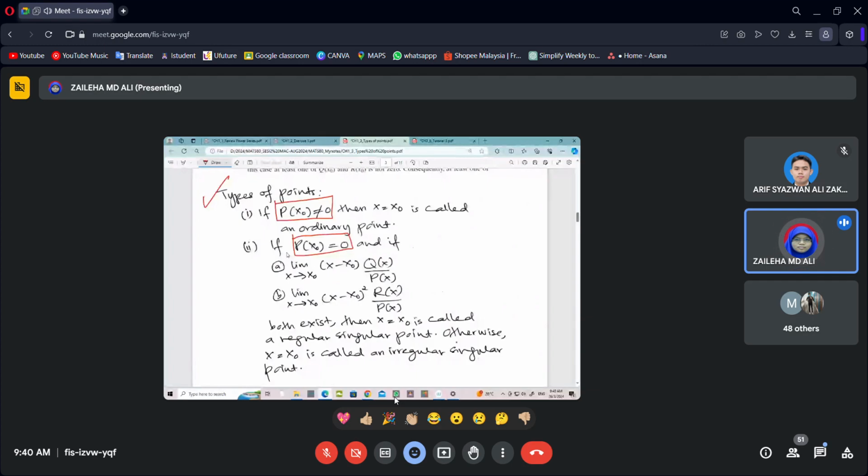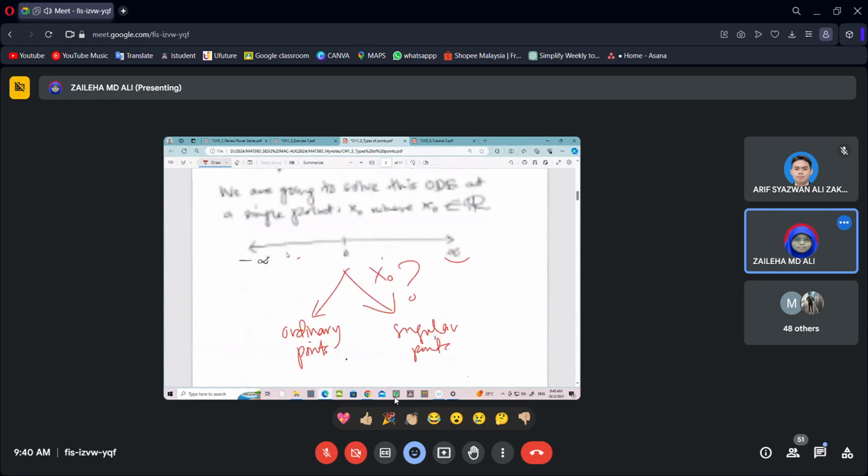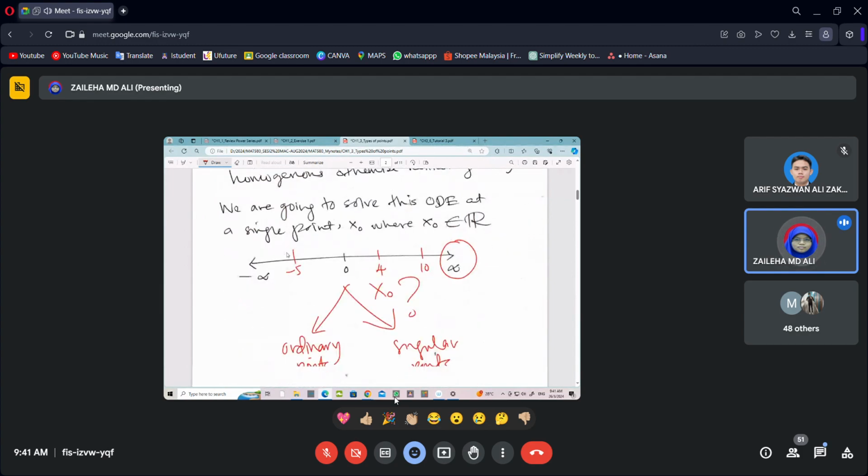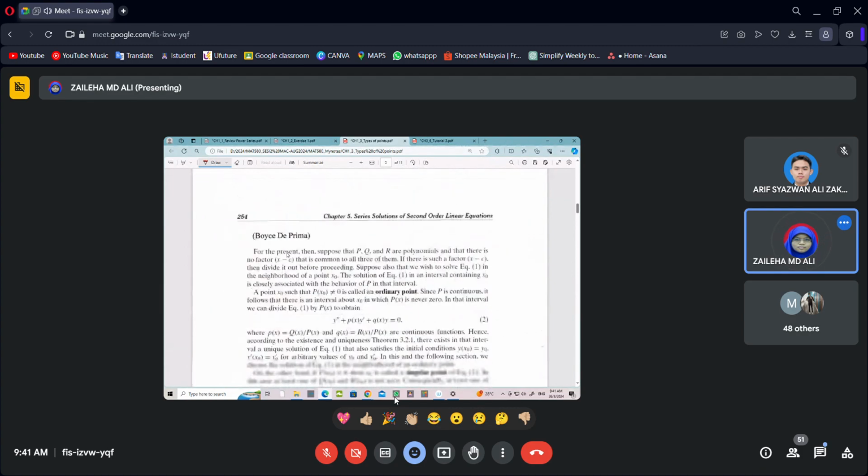Yang ini untuk singular. Apa tu P? P tu kat mana? Ni sini. The coefficient of your second order differential, that will be the P of x polynomial that you have to check for your x0. Are you okay with that? Clear ke?